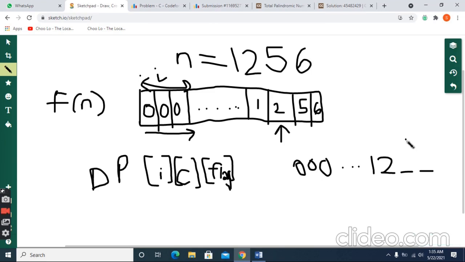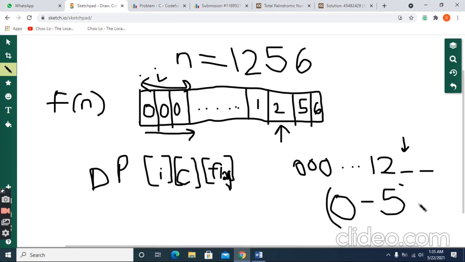So now I'm at this position, and I need to fill the next digit of this number. The first condition that needs to be true is that the number I'm building should be less than or equal to my target number, which is 1256. So if I have this number till now, what is the range of the next digit that I can fill in this position? Obviously it is 0 to 5 only. Why?